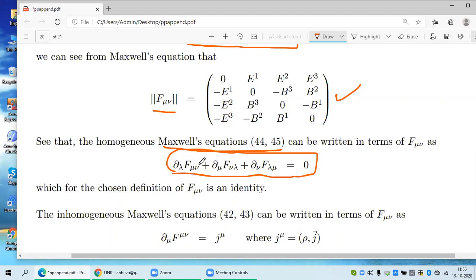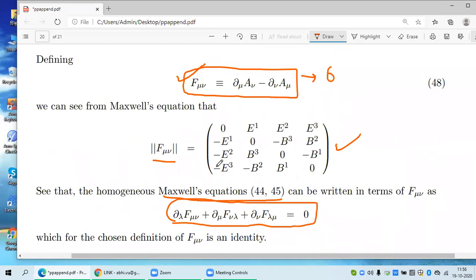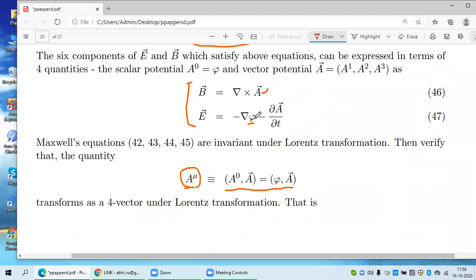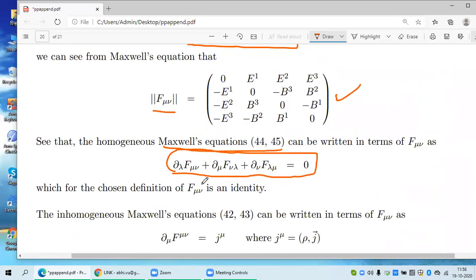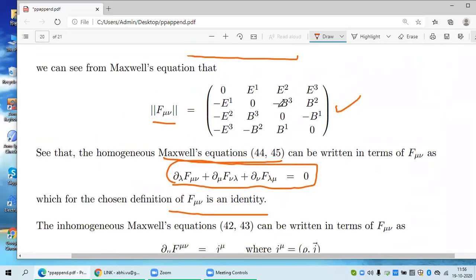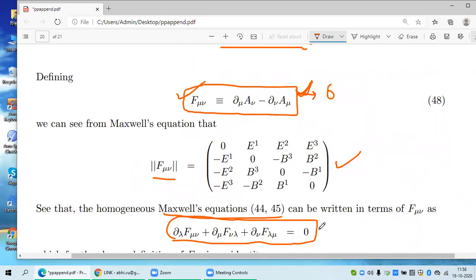That is the Bianchi identity, but this is the form of these 2 equations. So this is an identity anyway, a mathematical identity. This identity holds because you have taken this form of f mu nu in an antisymmetric way. Because of that, this form satisfies this form.